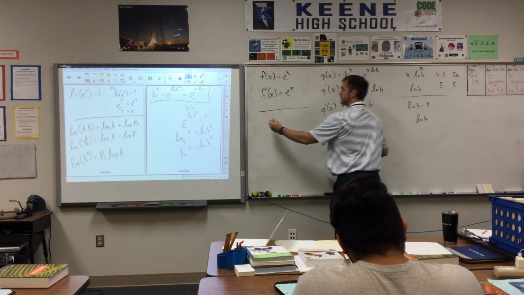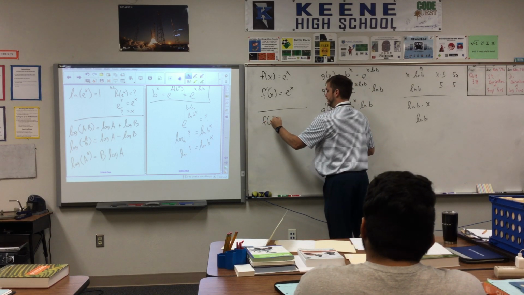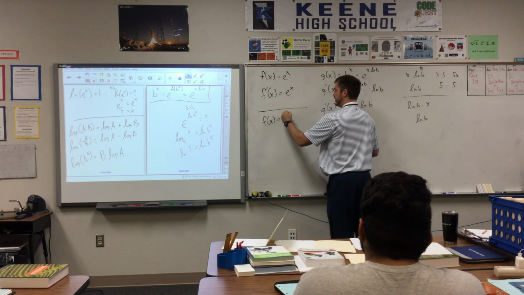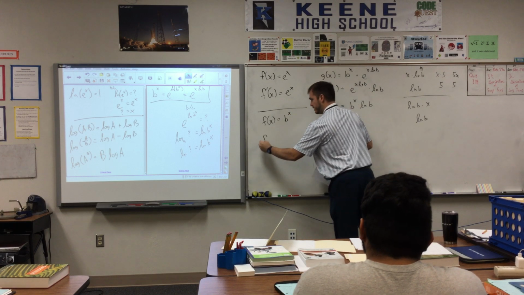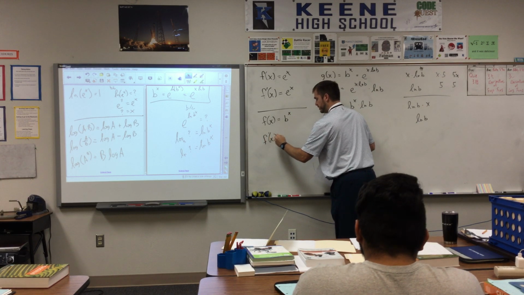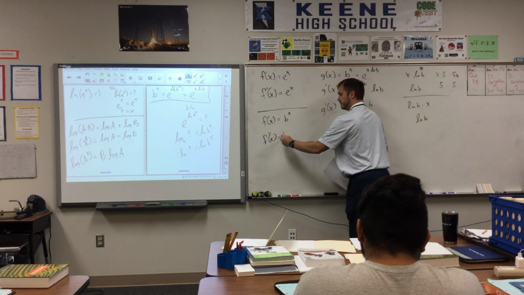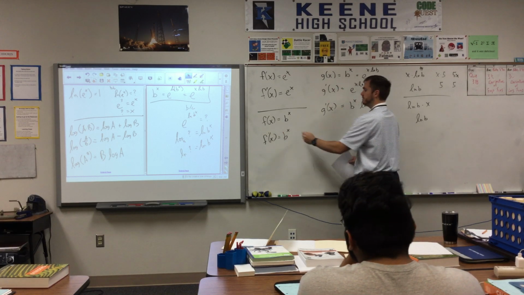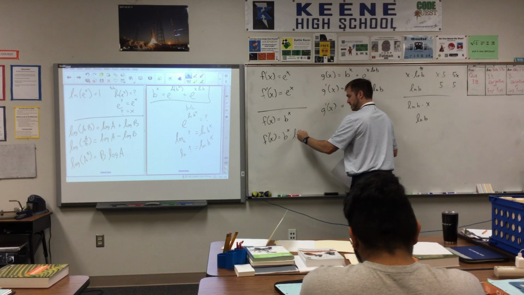Alright, so if f of x equals b to the x, then the derivative is b to the x times ln b.